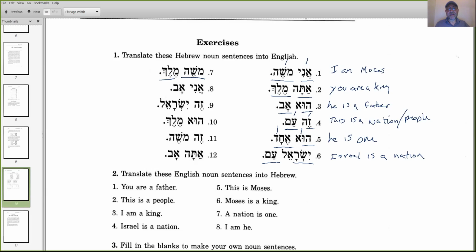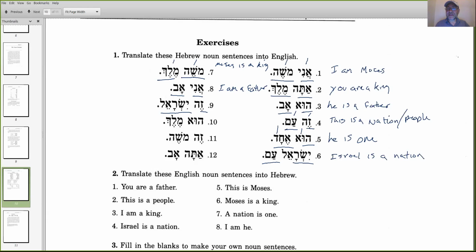Okay, so now over here we have Moshe Melech, Moses king, or Moses is a king. All right, here we have Ani Av, I father. I am a father. You see that? Ze Yisrael.